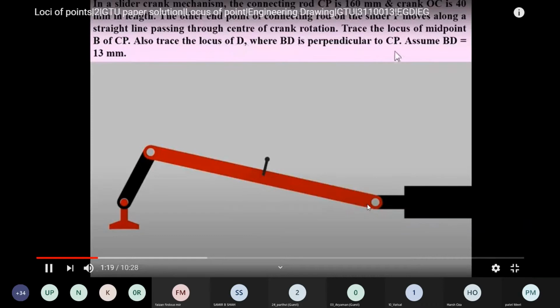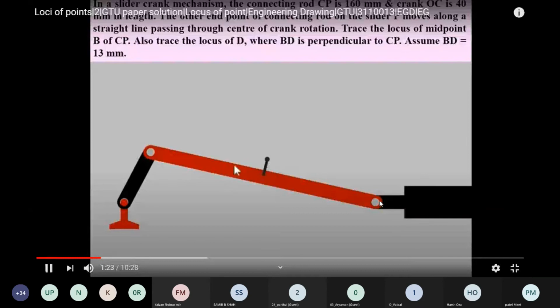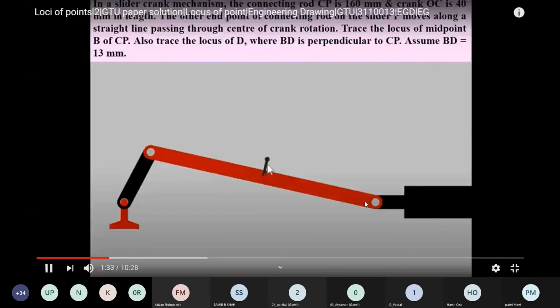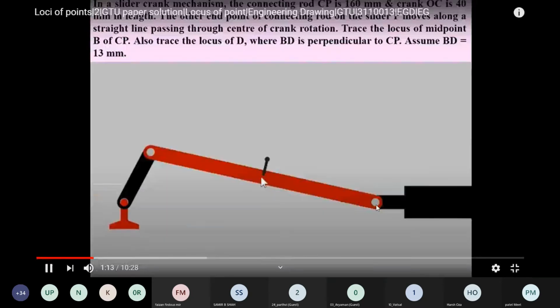Then it may oscillate from this point. So if there is an offset, then these two points, this point and this point, and this piston point may not be in the collinear position, but there is some distance. Okay, so I will discuss that after completion of this.